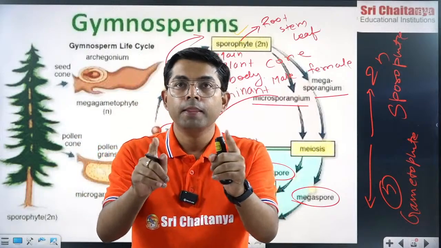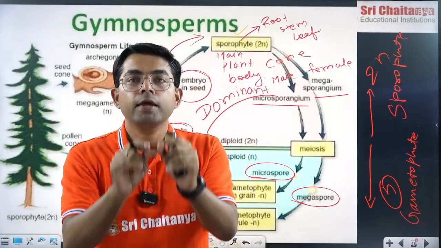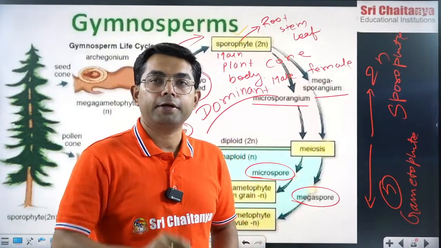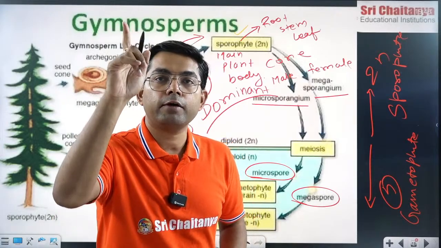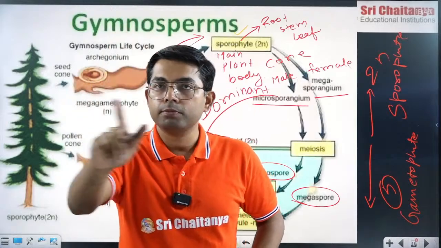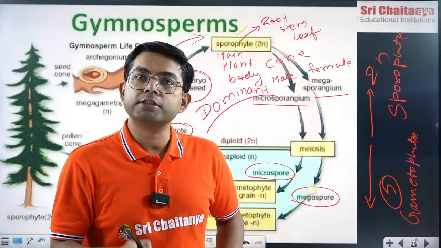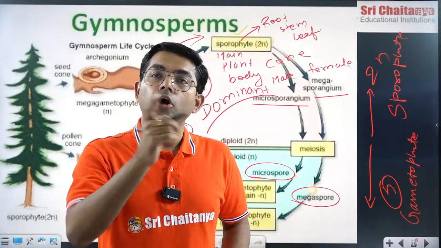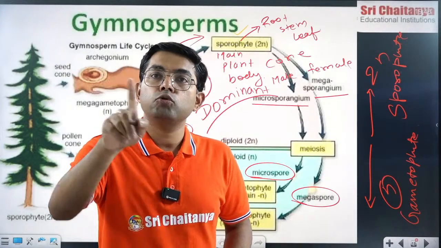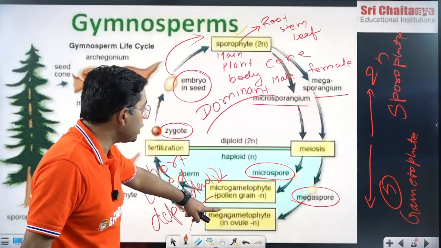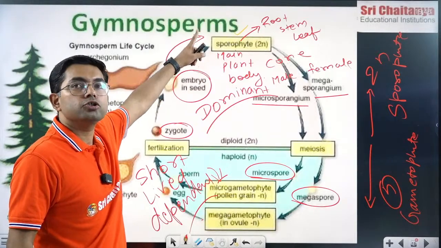Repeat with me: in gymnosperm, the gametophyte depends on the sporophyte because the sporophyte makes food, the gametophyte does not make food. The one who makes food is independent, but the one who cannot make food is dependent. So gametophyte can't make food, so it is dependent on sporophyte.